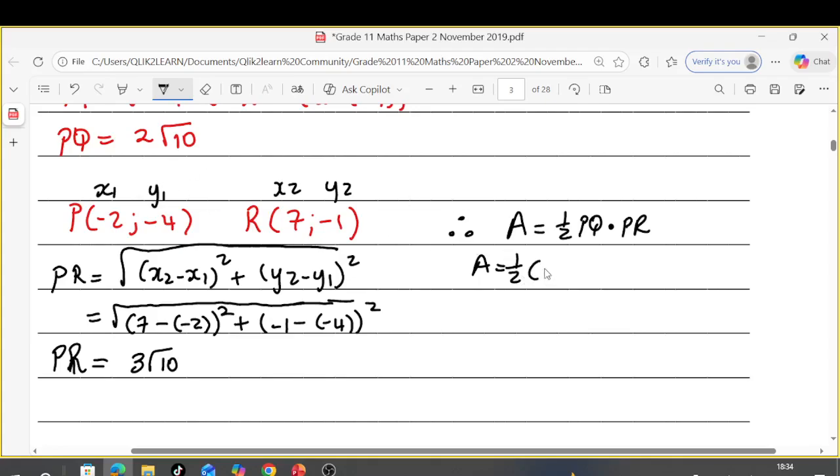We're going to substitute the length of PQ, which we calculated as 2 root 10, multiplied by PR, which we got as 3 root 10. You just have to punch that on the calculator and find the final answer. Come on, guys, this is not that bad. You just have to find the length. And please, make sure you move fast.